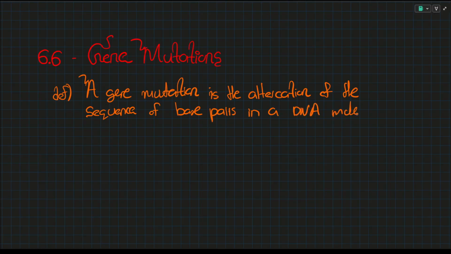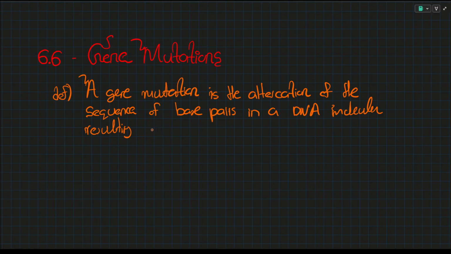DNA has a specific preset sequence and order of nucleotide bases, but those bases can sometimes be altered. If those bases are altered, what happens? Altered bases, altered mRNA transcript, altered amino acid sequence, altered polypeptide, altered protein.